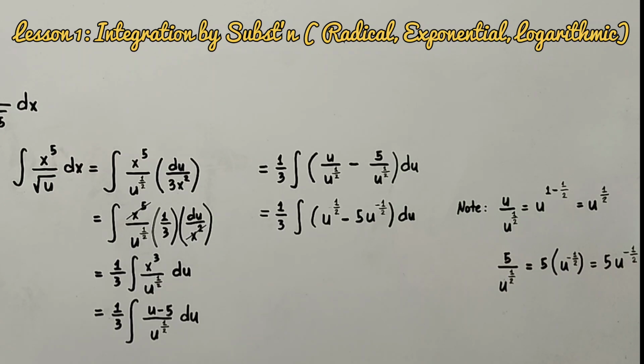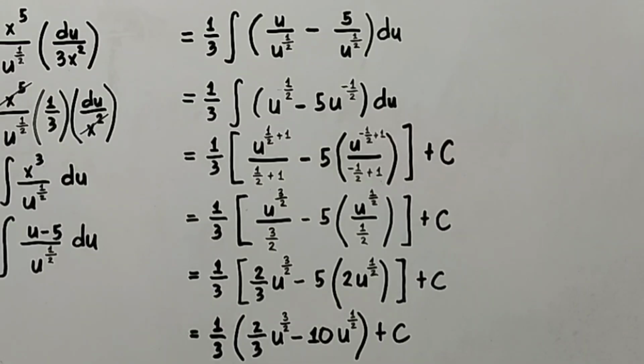We will now apply the process of anti-differentiation. Copy 1/3. For u power 1/2, that becomes u power 1/2 plus 1 all over 1/2 plus 1, minus 5. For u power negative 1/2, that becomes u power negative 1/2 plus 1 over negative 1/2 plus 1, plus c.